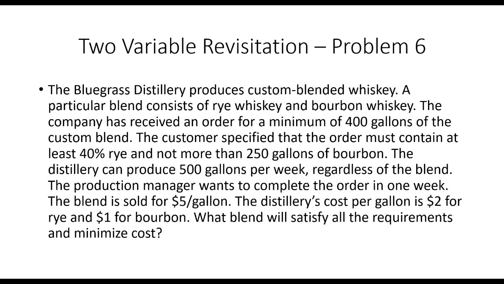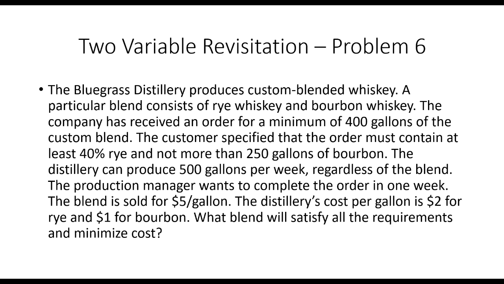Next, the customer specified that the order must contain at least 40% rye and not more than 250 gallons of bourbon. So 40% rye, 40% of 400 is 160, meaning x1, rye, must be greater than or equal to 160.